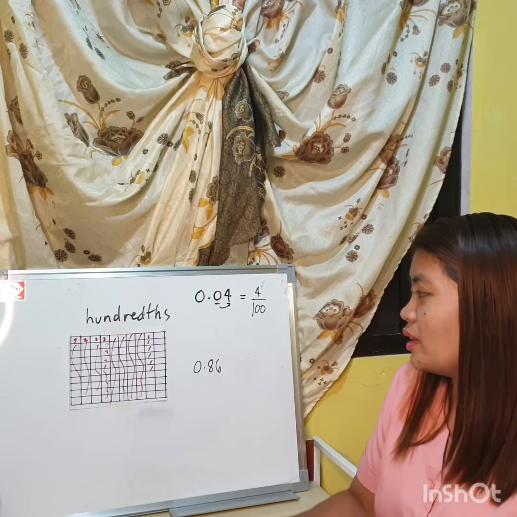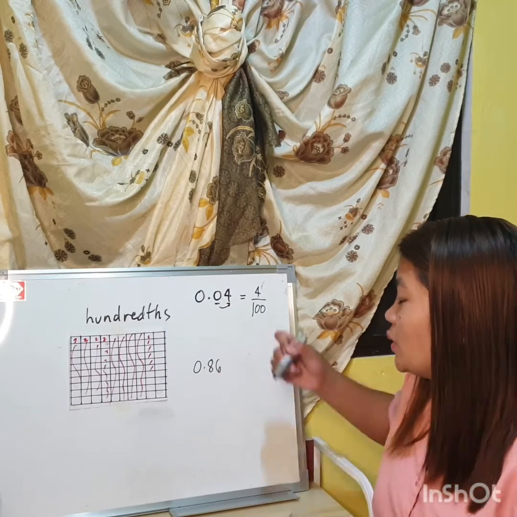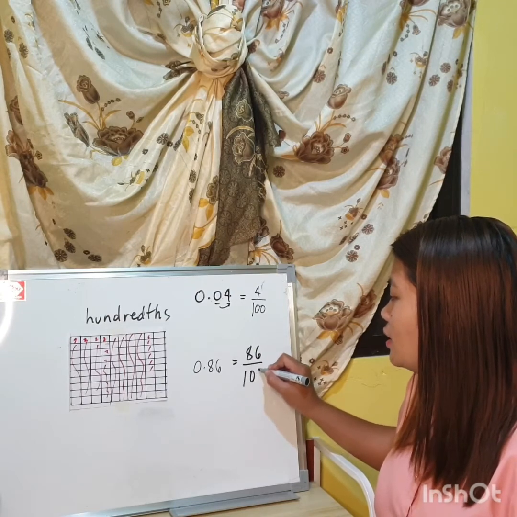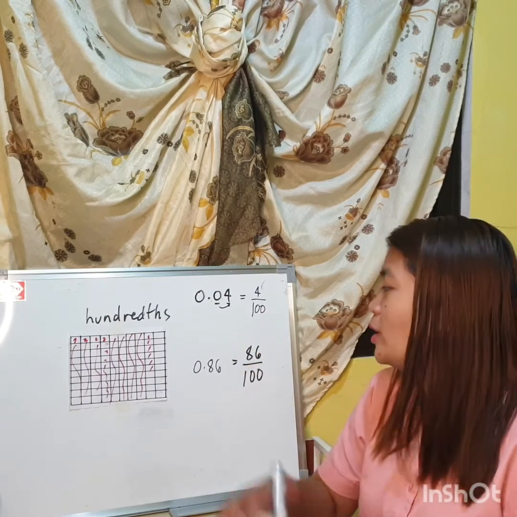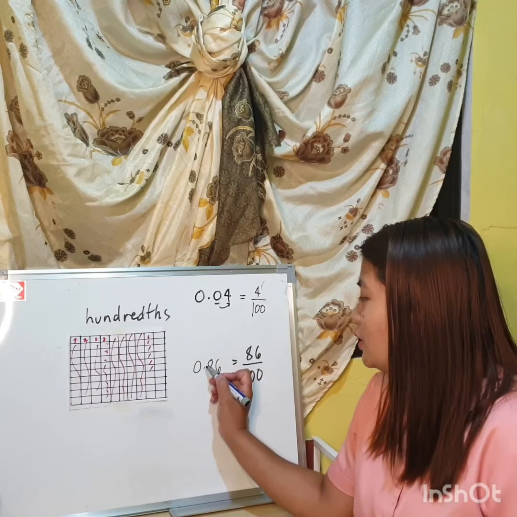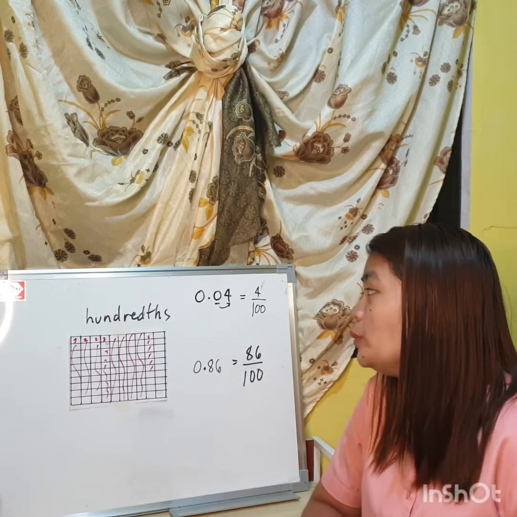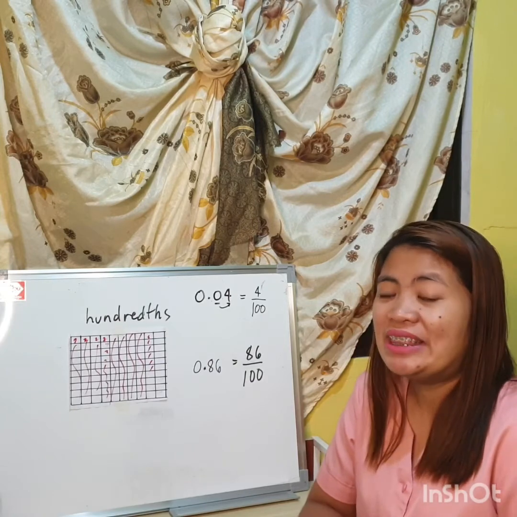So, pag sinulat po natin siya sa fraction, that is 86 all over 100. Or, in fraction, we read this as 86 hundredths. So, ayun po yung decimal number.